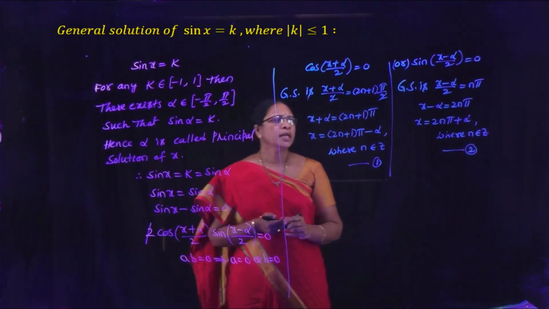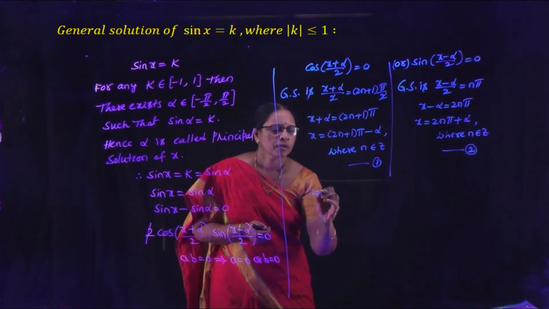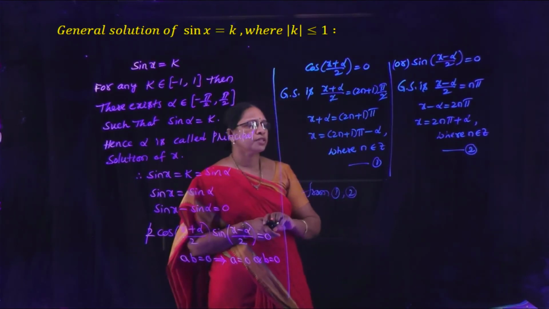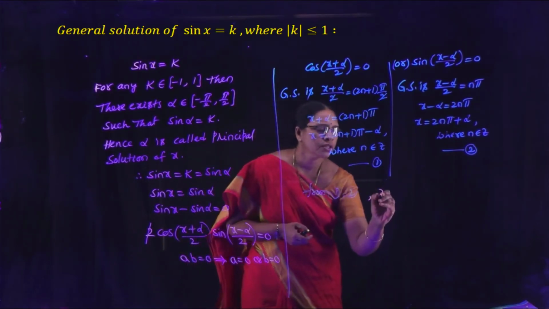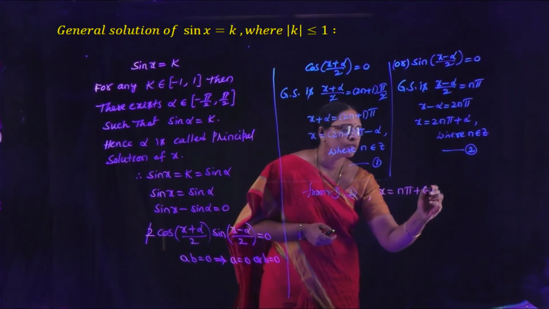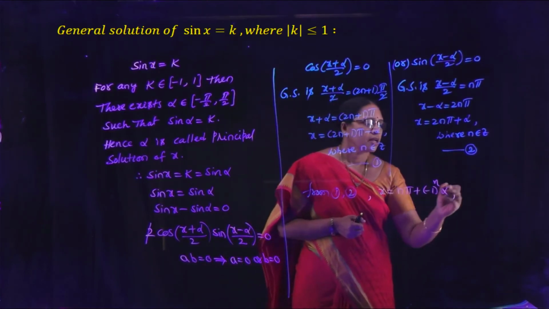By combining equations 1 and 2, we get x is equal to n pi plus minus 1 whole power n alpha, where n belongs to z.